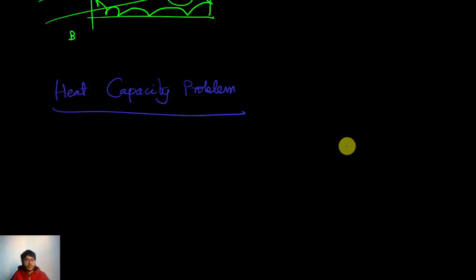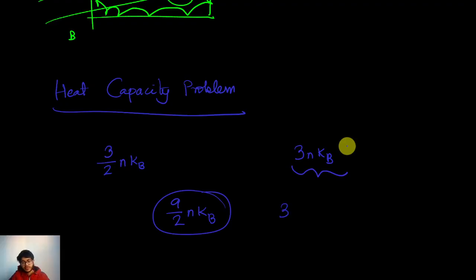What Drude found is that the electronic heat capacity should be this, and the nuclear heat capacity was already known to be this. So the total heat capacity was supposed to be this, but in experiment the total heat capacity was found to be this. So this is theory. This is experiment. So there is a mismatch.